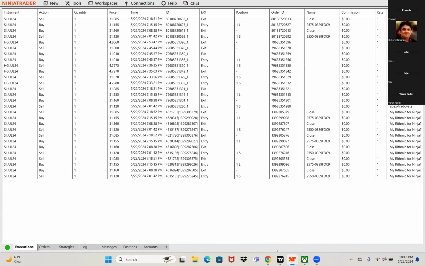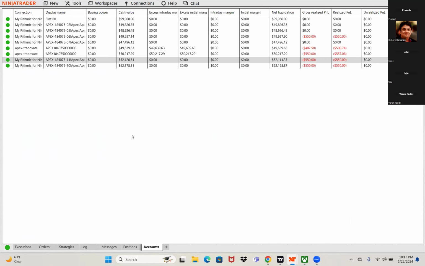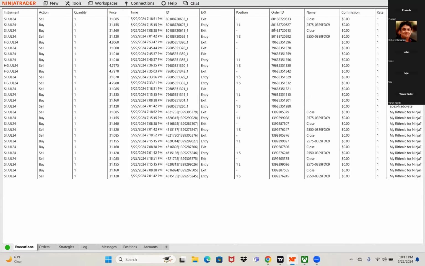Oh, wait. These 10 and 11 are Rhythmic accounts. Then I'm confused about where I got this extra money. Maybe you might have some active order. For example, you might have created a limit order for silver short or gold short. If you look at the timings, you see all the trades.